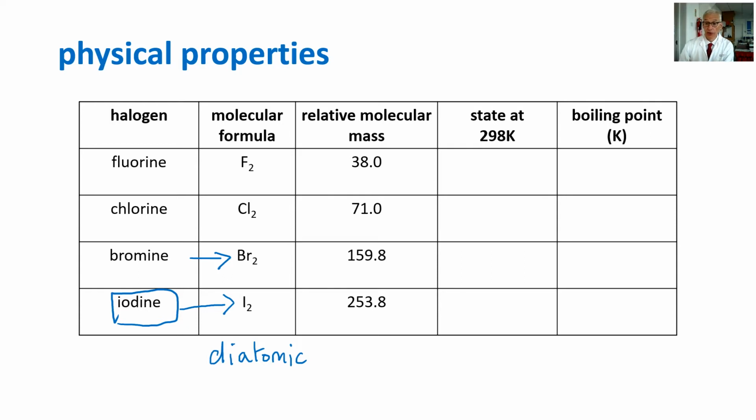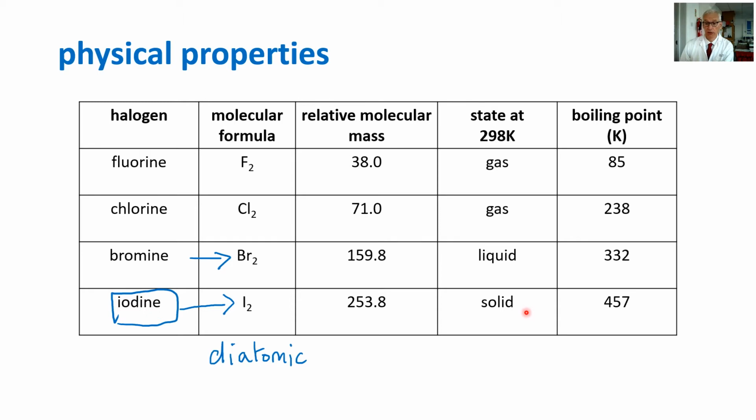If I now go on to the physical properties and share with you the boiling points, you can see that they justify the states for the halogens. Fluorine is a gas, that is, its boiling point is below 298 Kelvin. Similarly, chlorine is a gas, its boiling point is below 298 Kelvin. Bromine is a liquid, its boiling point is above 298, and iodine is a solid.